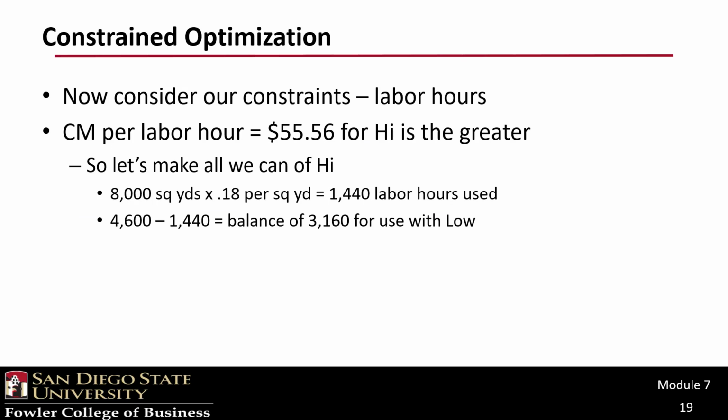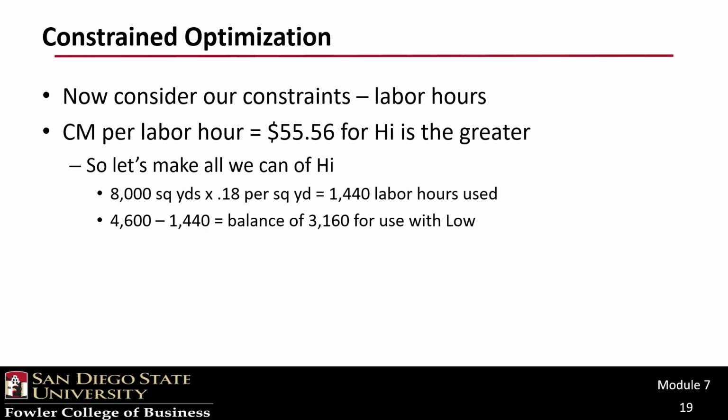So when we think about what our constraint is, it's labor hours. The first thing we want to do is manufacture as much of that higher contribution margin per labor hour product as we can. Since the contribution margin per hour for high was 55.56, and that's larger than low, we need to make as much of the 8,000 square yards of that product as we can. Recall that's 8,000 square yards times the 0.18 labor hours per square yard.